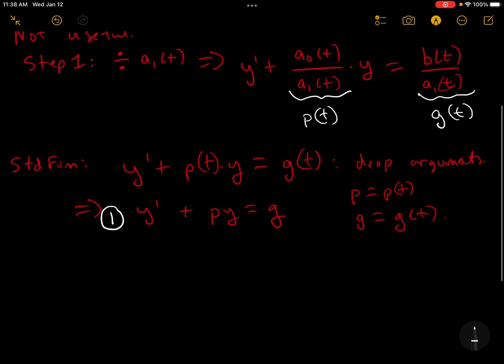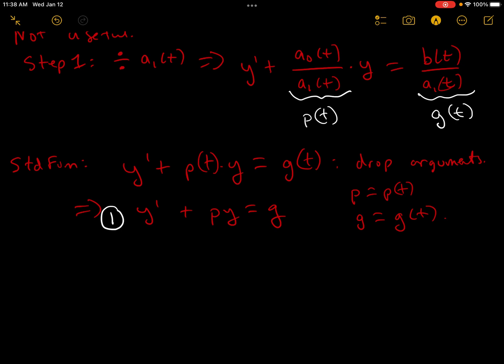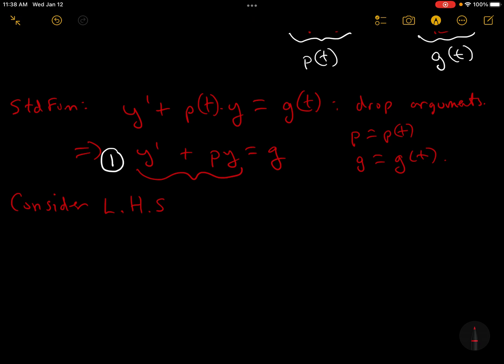Now this technique comes from Leibniz, who's one of the famous grandfathers of calculus. What we're going to do is consider the left-hand side of this equation, this only: y prime plus py.